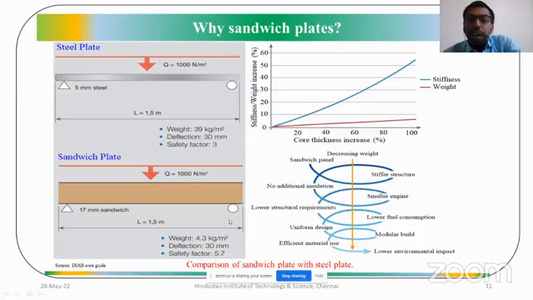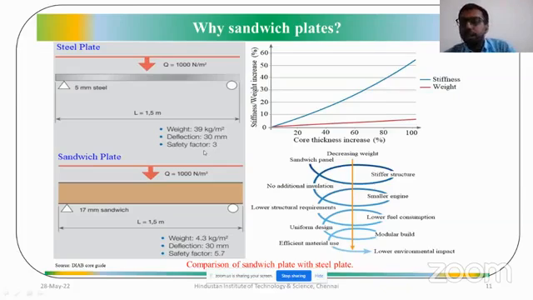But the weight of the sandwich panel is only 4.3, that is almost one-tenth of the weight of the steel plate, which is 39 kg per meter square. And the factor of safety available in the steel plate is 3, whereas in the sandwich plate it is 5.7. It is almost double that of the monolithic material.